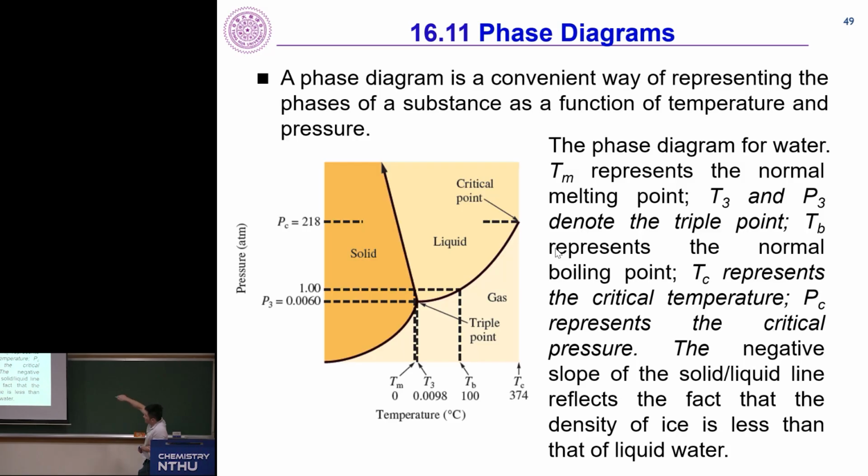However, what's important for water is if you lower the pressure more and more until you reach a pressure of 0.0060 atm, and increase the temperature to about 0.0098, or almost 0 degrees. At this point, we have a triple point. What's a triple point? T3. This is where the substance coexists in solid, liquid, and gas. How can this be?